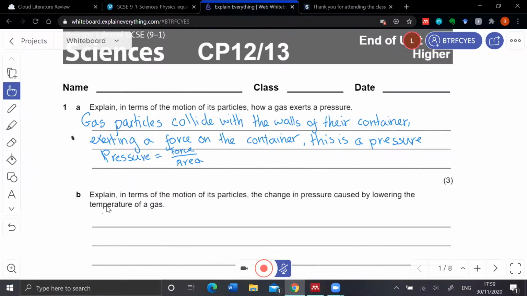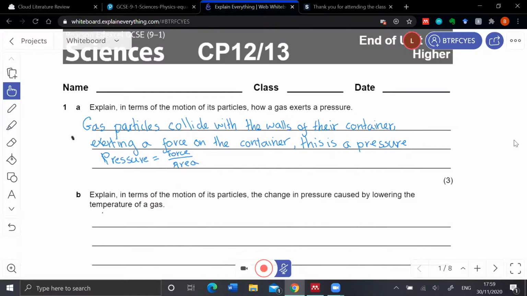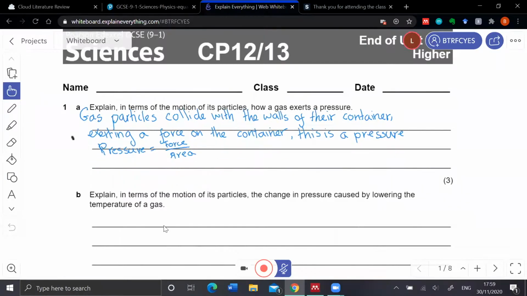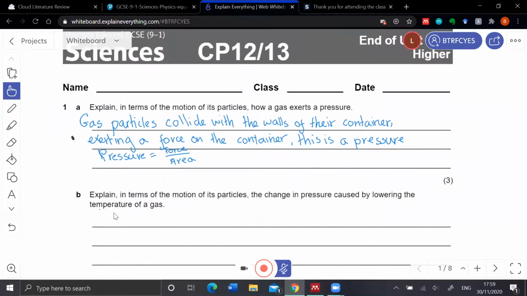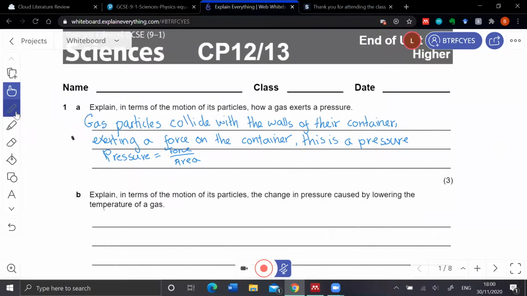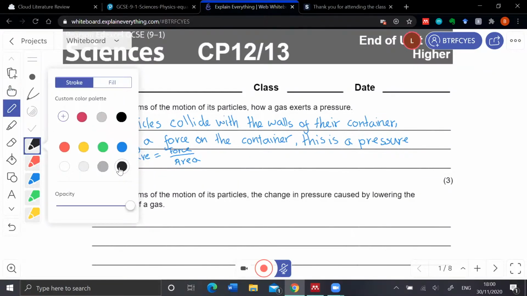The hotter the gas, the more energetic the particles are. So let's do it one bit at a time.